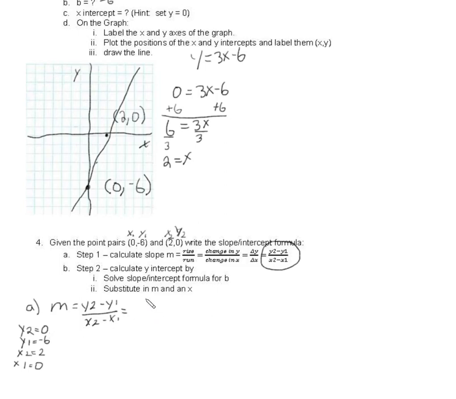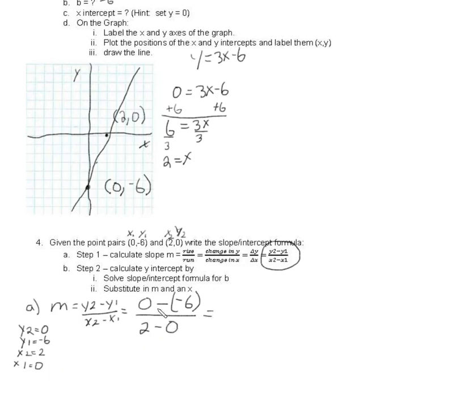y2 was 0, minus, because it says do minus, y1, negative 6. I'm going to put that in parentheses. Divided by, what's x2? X2 was 2, minus, what's x1? 0.